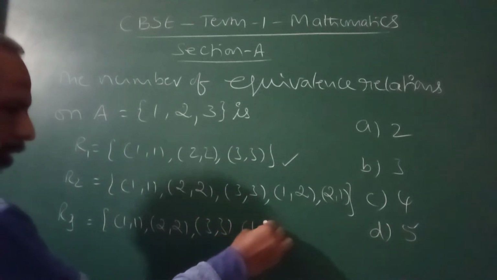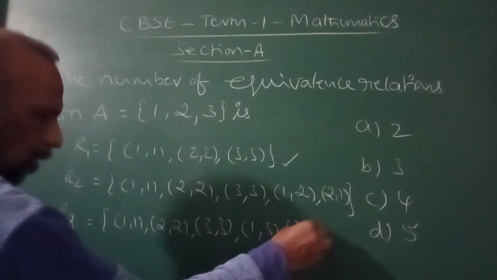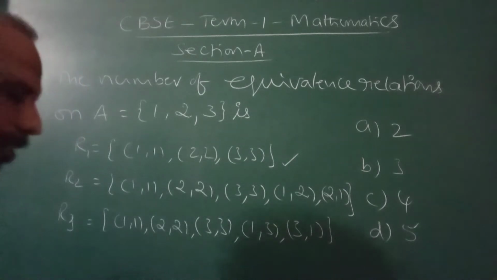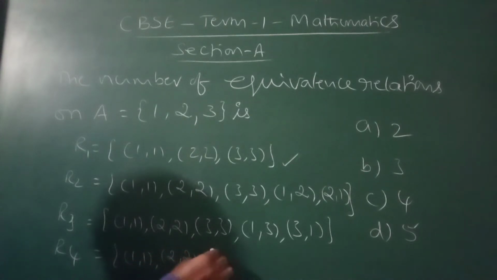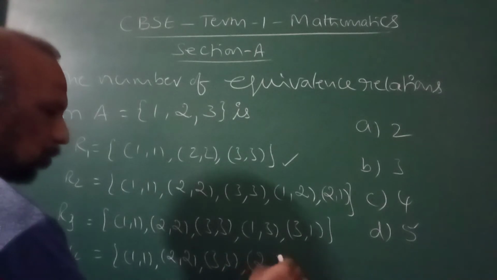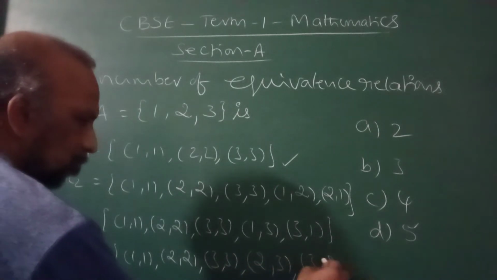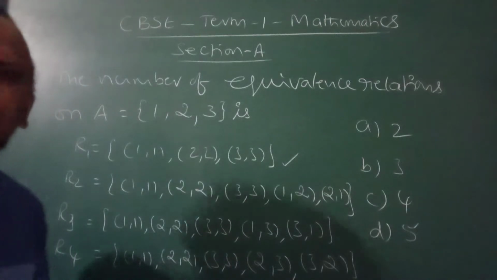I can consider (1,3), (3,1). This is an equivalence relation. And R4, I can consider (1,1), (2,2), (3,3), and I can write (2,3), (3,2). These are equivalence relations.